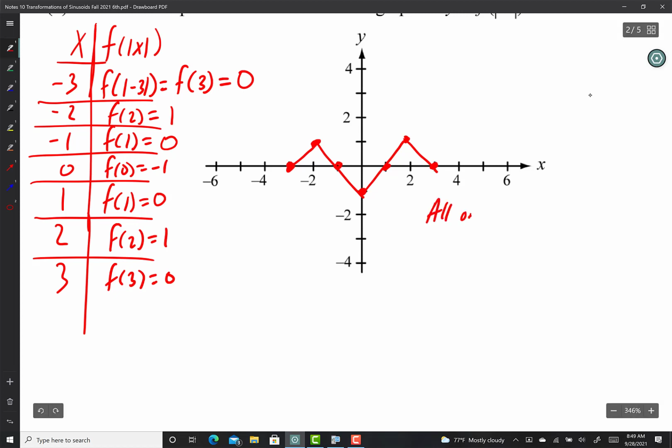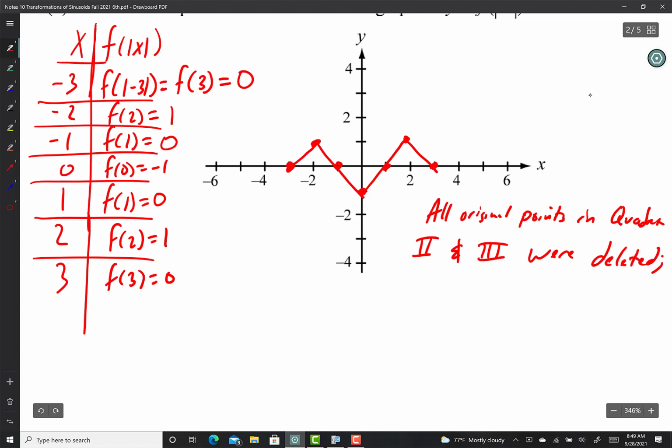All original points in quadrant 2 and 3 were deleted; and then quadrant 1 and 4 was mirrored across y-axis.